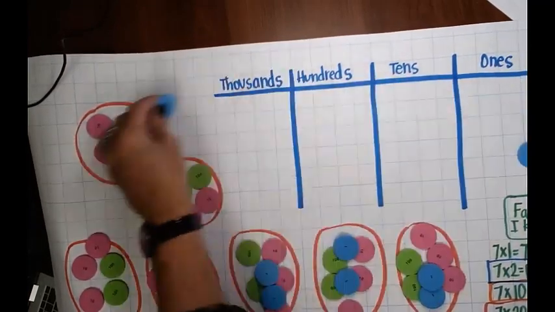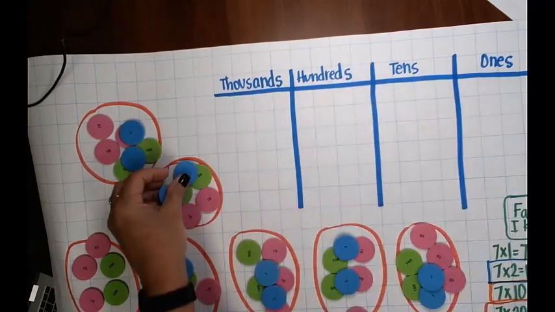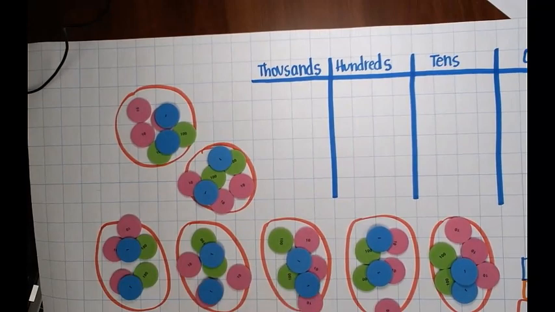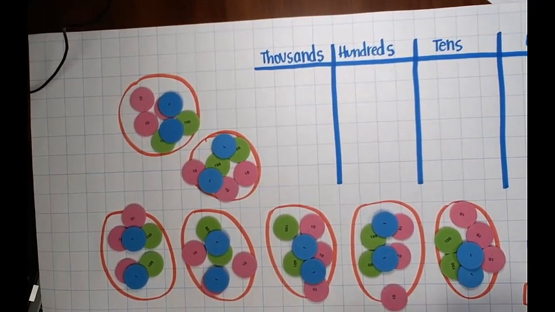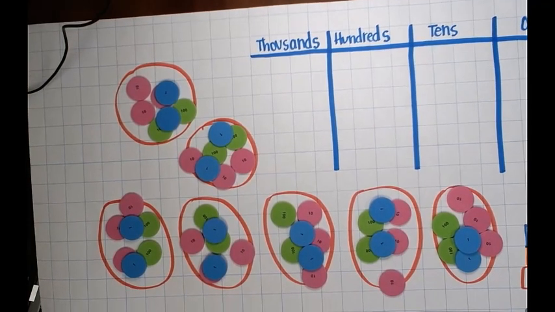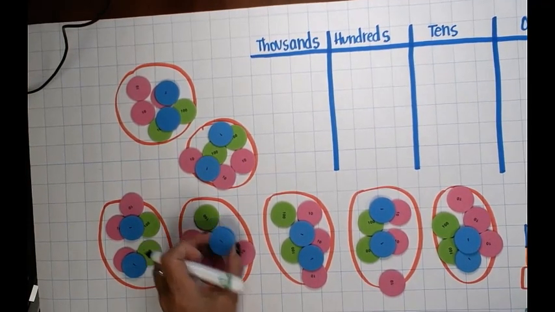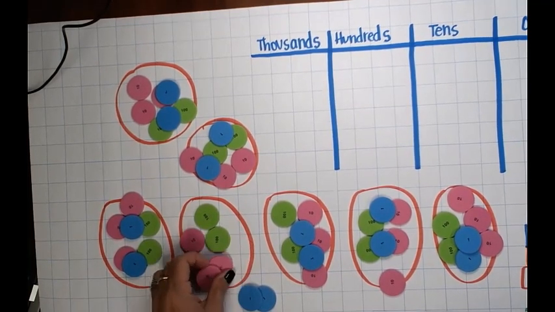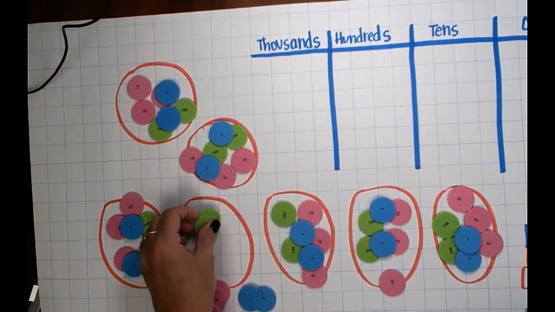1, 2, 1, 2, 1, 2. So each athlete has the same amount of place value discs. Each athlete has 2 ones, 3 tens, and 2 hundreds.